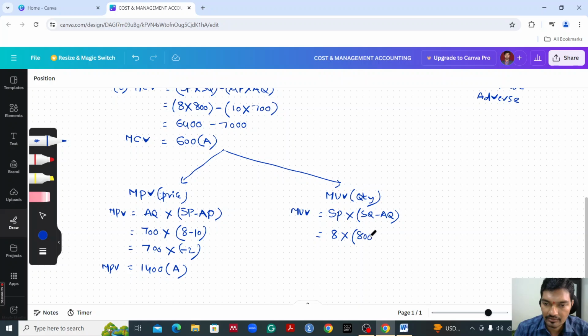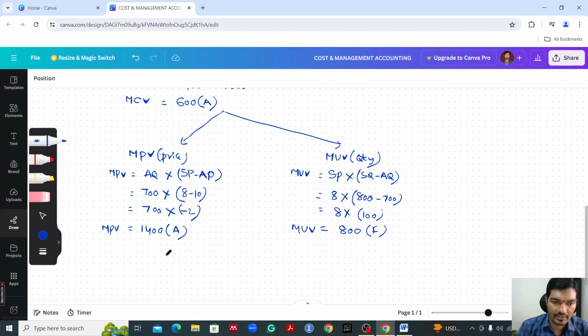Here we got the positive value, 800 minus 700 means 100. Then we got the MUV as 800. Got the positive value, we should write favorable. Let us check the verification.